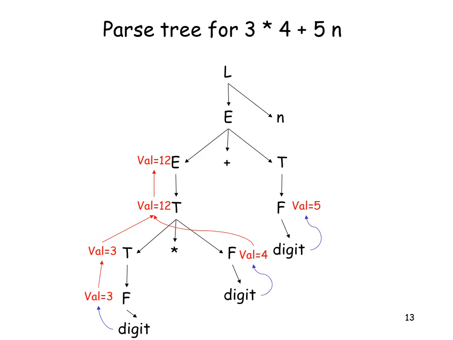Then it will move towards the right side. Again the next token 5. Moving upwards, T will be getting 5 as its attribute value. Then again it will move towards the root. So it corresponds to the production E gives E plus T. The values will be summed up and finally it will go to the root of the parse tree and the 17, the result of the expression, will be printed out.